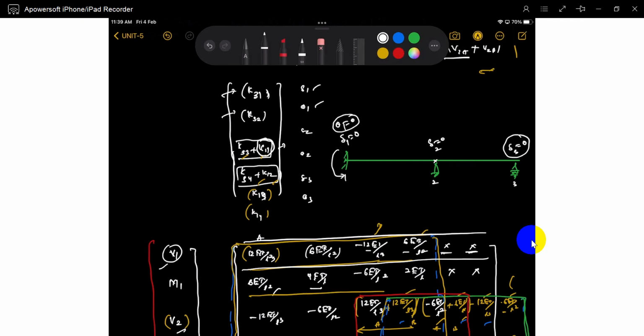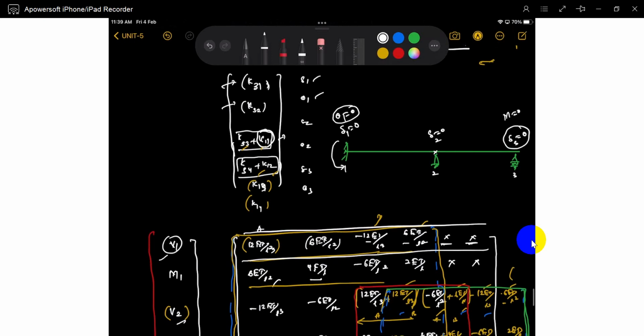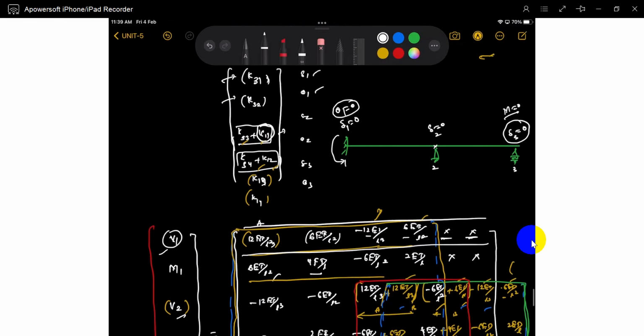So by this rule, you already know the final end conditions: the final moment is 0 here, and also here the moment is 0. Sir, we have a moment here, sir. Yes, you have a moment. What is the moment? M21 is there, M23 is there. If you add both, you will get 0 only.